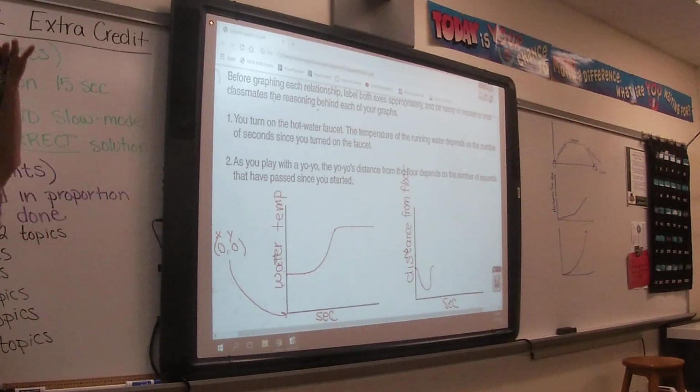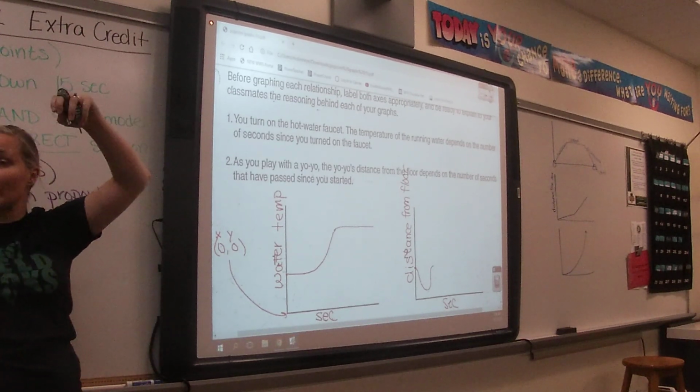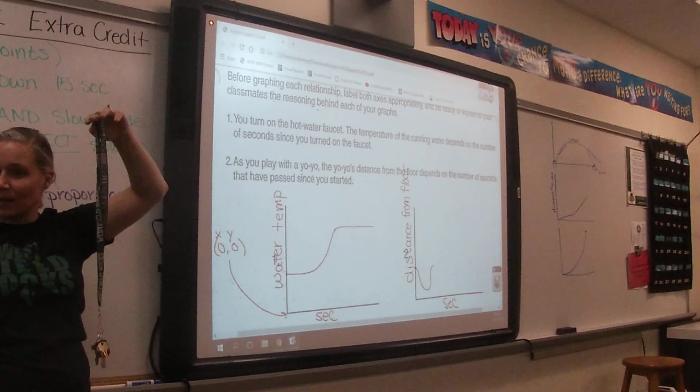Now, these are weighted, these aren't quite like a yo-yo, but once it gets down here, a yo-yo kind of spins a little bit and then it starts to wrap itself back up. So as it's wrapping itself back up, what's happening to the yo-yo's distance from the ground? It's going back up. And then what happens? It goes back down.